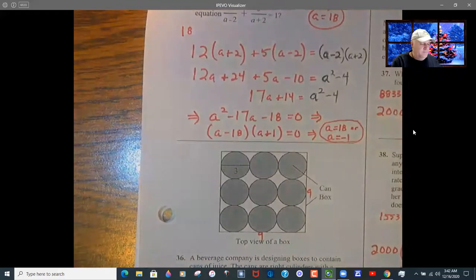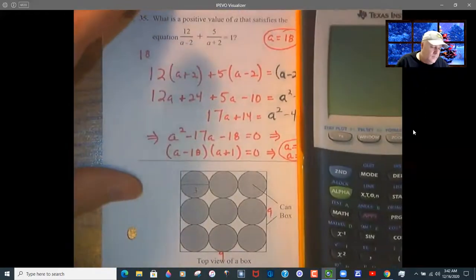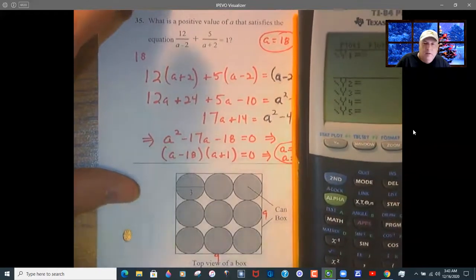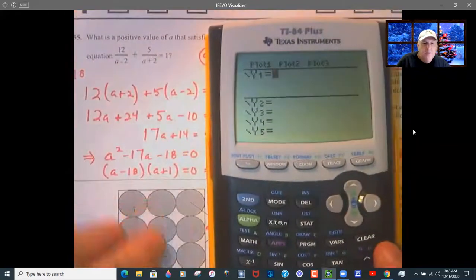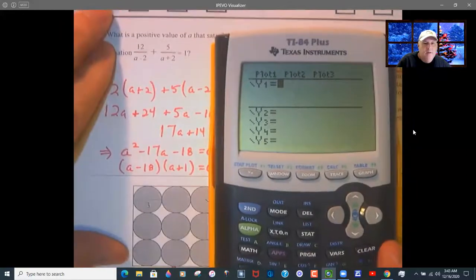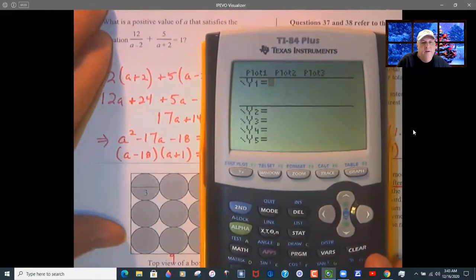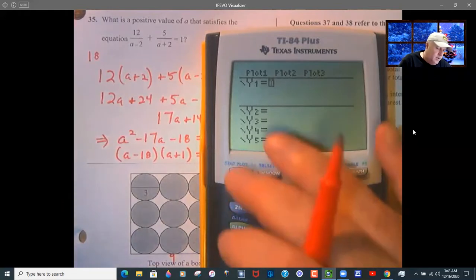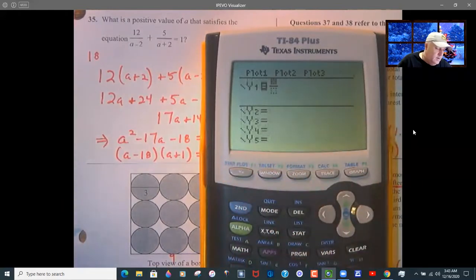35, guess what? If you have me, you know that you can use your table. Although this doesn't always really work, let's say you're in a situation where you just can't remember how this goes.